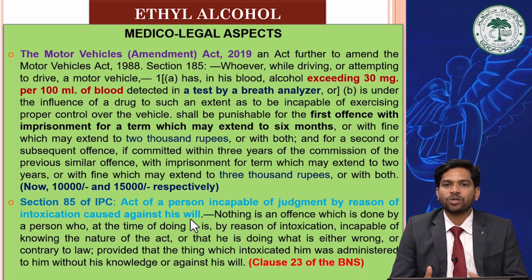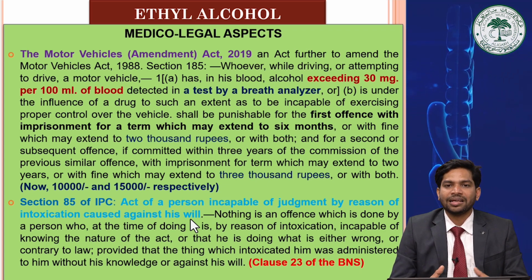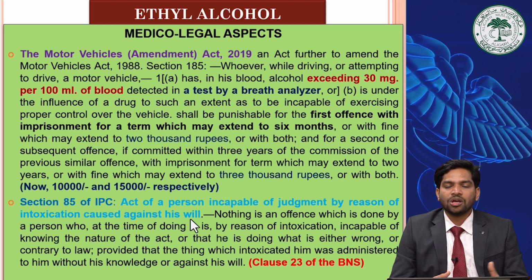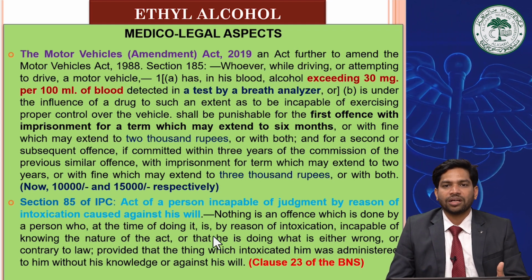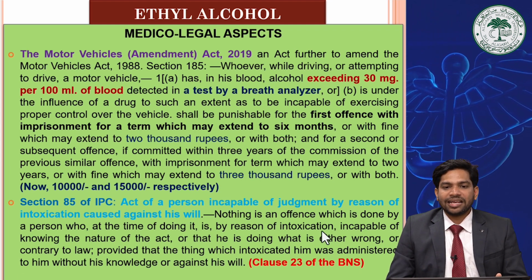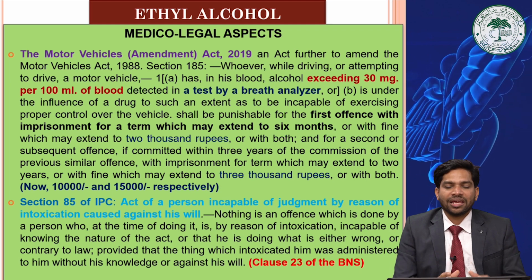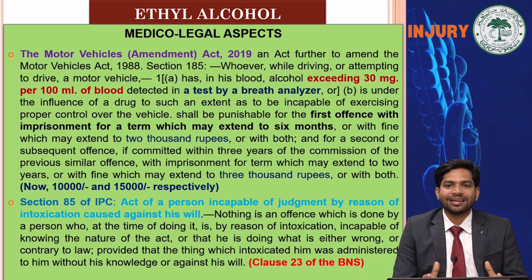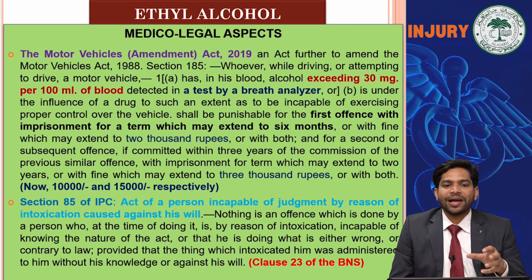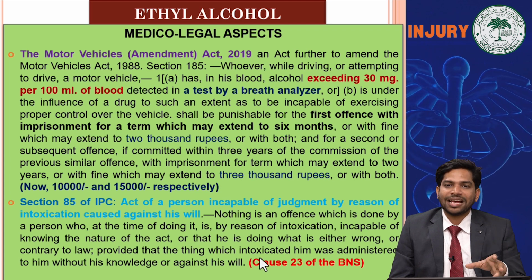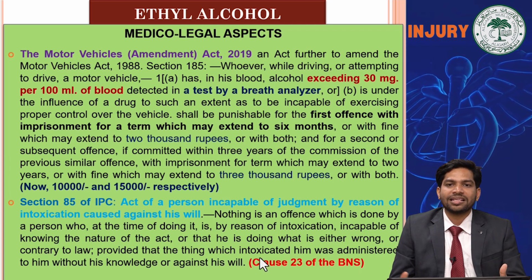So it is similar to a mentally ill person. He is under the influence of alcohol, so he shall not be charged for the punishment, and this is only applicable if the alcohol or drug was taken without his knowledge or against his will.